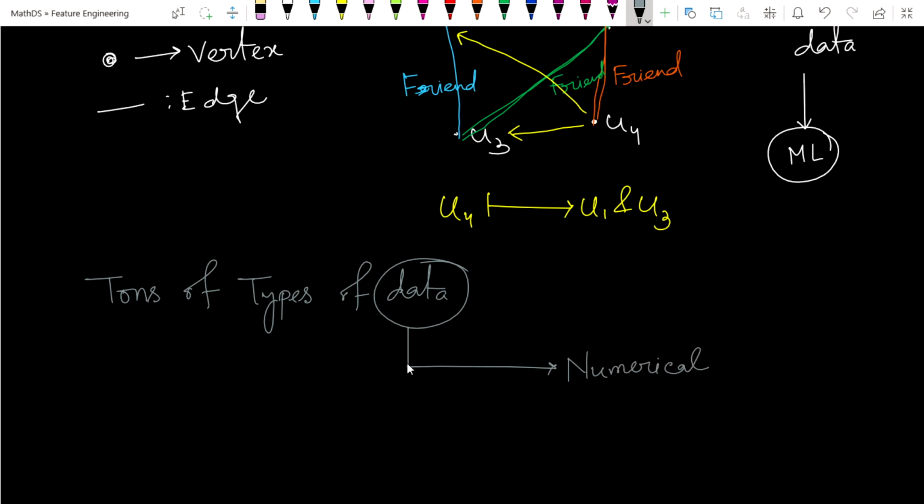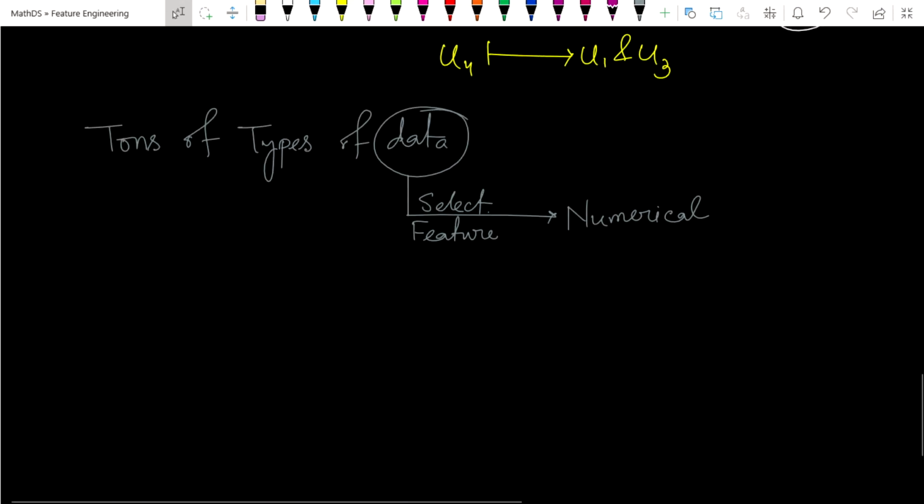We need to featureize it, and select the proper and right features based on our situations. These are the most commonly used data sets in the real world.